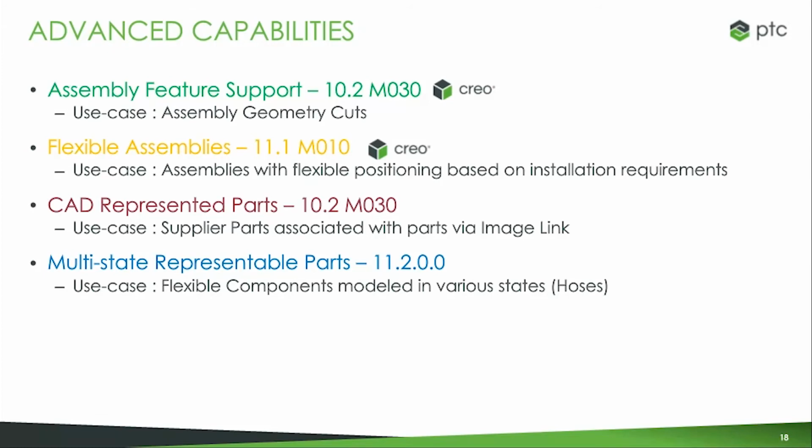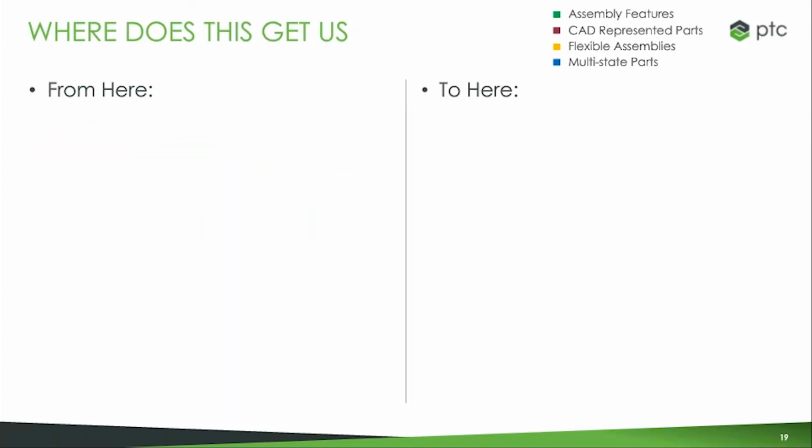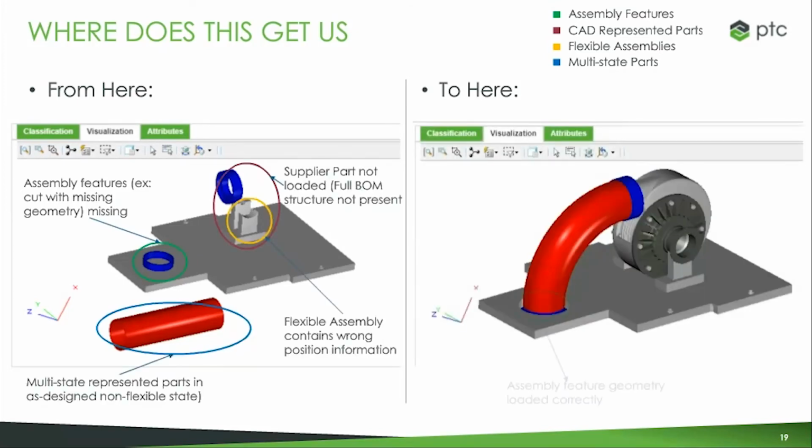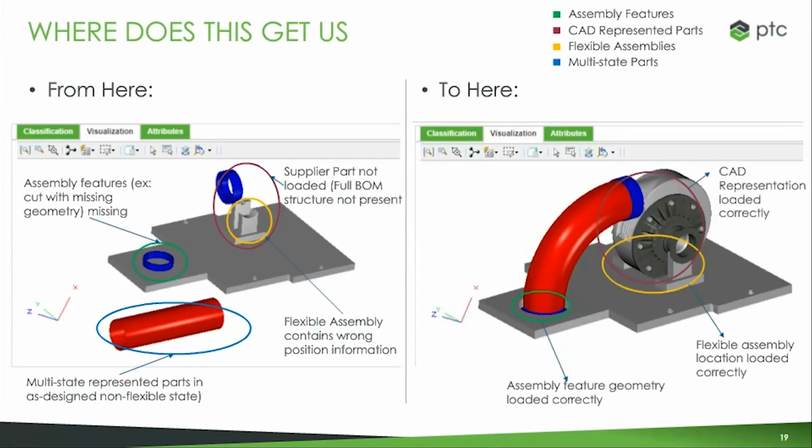So let's see what these things take us through, and I'm going to whiz through and let this build itself out here. This takes us from, on the left, we've got everything wrong about this, right? In the yellow, we've got something with flexible positioning where my standoffs for my pump, by default, are placed together because they need to be arranged based on the pump that's being mounted.